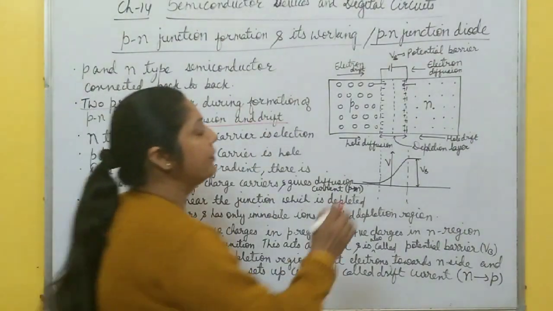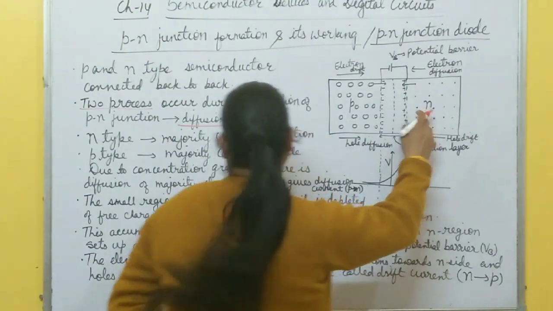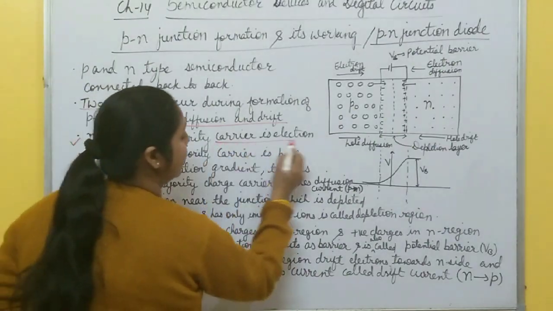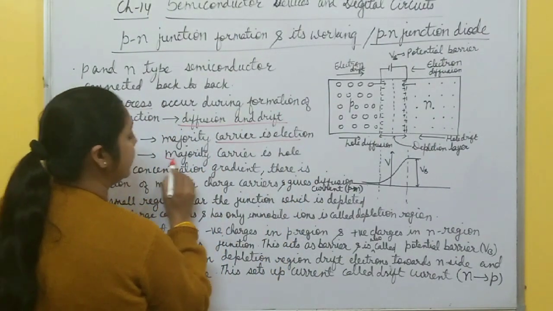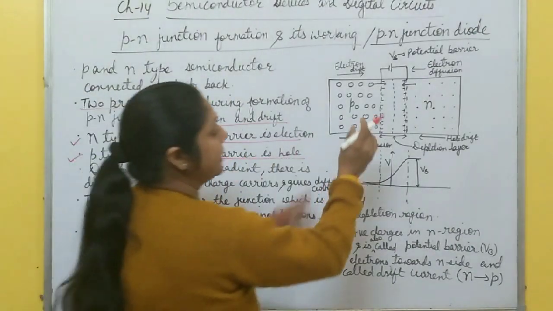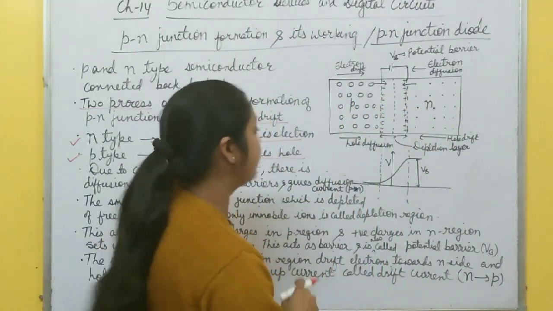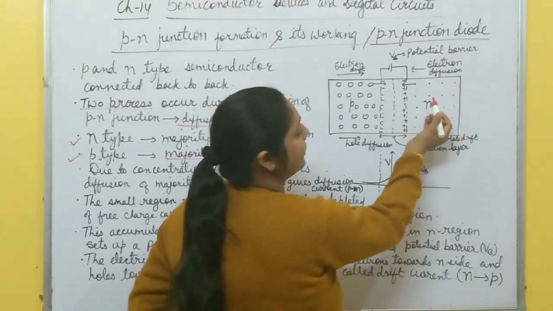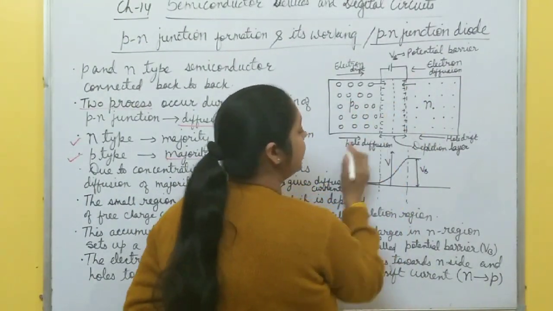Okay, you know, in n-type semiconductor, the majority charge carrier is what? Electron. In n-type semiconductor, the majority charge carrier is electron, and in p-type semiconductor, the majority charge carrier is hole, right? So due to concentration gradient along the two sides of the junction, p and n type, what happens? There is diffusion of electrons from the n side and diffusion of holes from the p side.